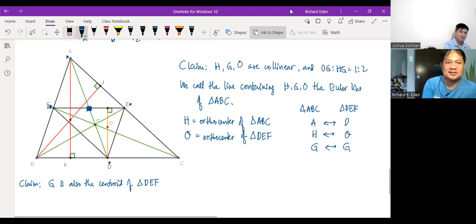Let's add the argument after I erase these other things that I want to erase. Later, it won't let me erase yet. The notebook is moving. Why am I being punished?